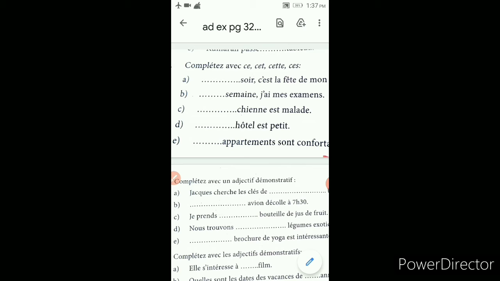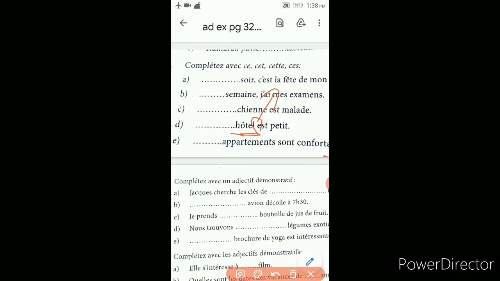Dash chien est malade. It is ending with e. So it is feminine singular. And for feminine singular, the adjective demonstrative is cette. Then hotel, it is ending with l.